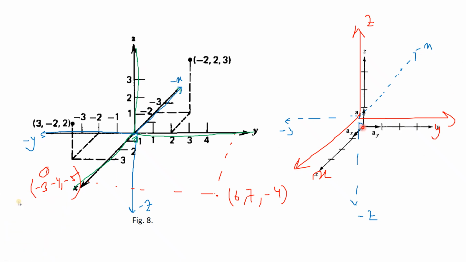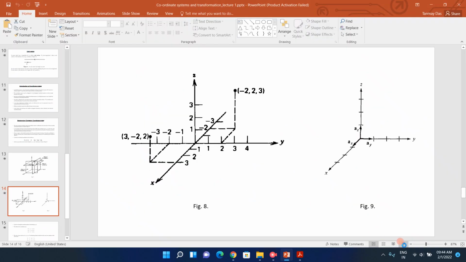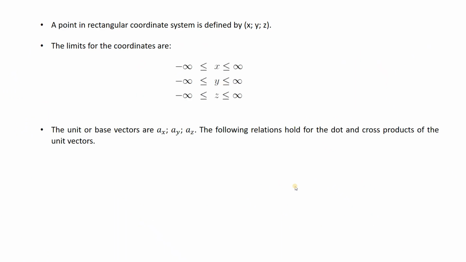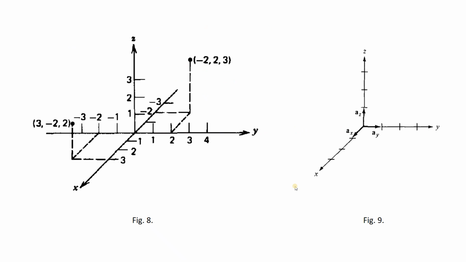Yes, sir. Okay. So now from here you can locate the different points. The same thing has been drawn over here, so I missed out. Wait. Now one more thing I will not discuss, I will rather discuss it in the next class, because figure number 9 is showing the vector part.